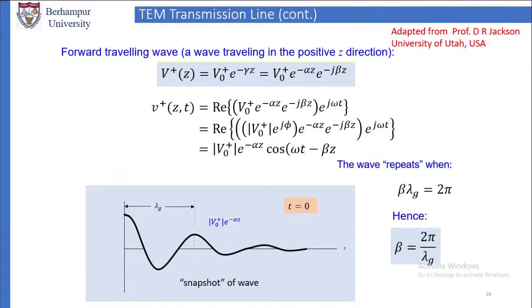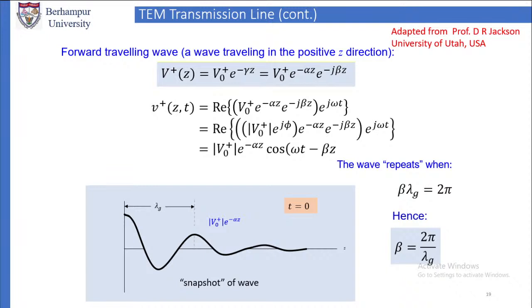Now what is the difference between small v plus and capital V plus? Capital V plus consists only of the spatial variation, the variation in space. Small v plus consists of the spatial variation as well as temporal variation, variation in space and in time.